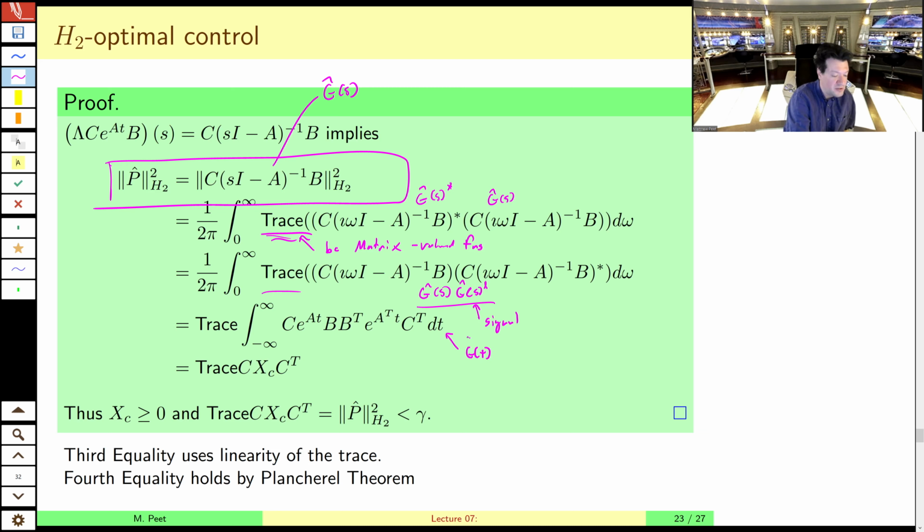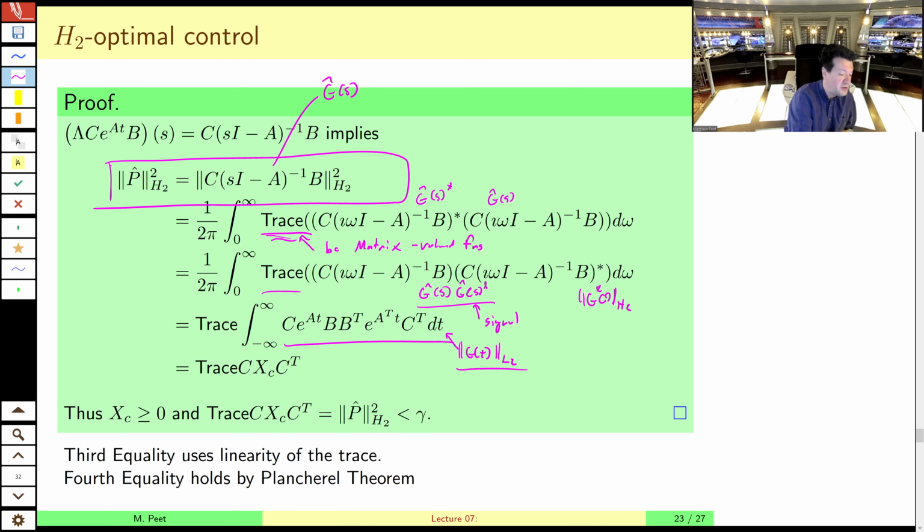Remember, it doesn't have a physical interpretation. So this is G star of s in the H2 norm, oops, not L2, H2, is equal to the norm of G in the L2 norm. And what is that?